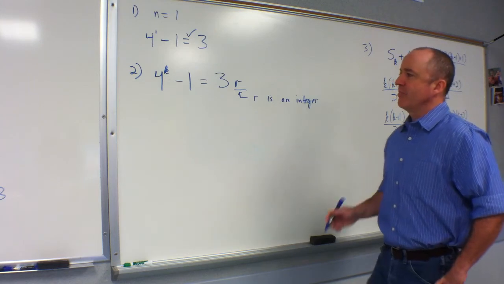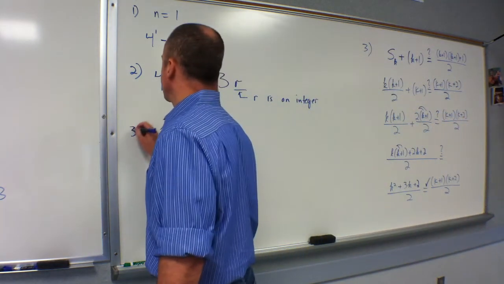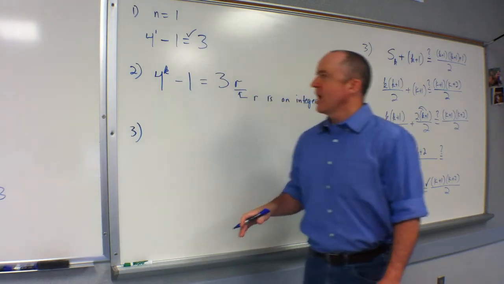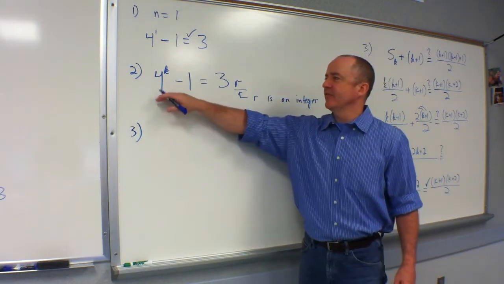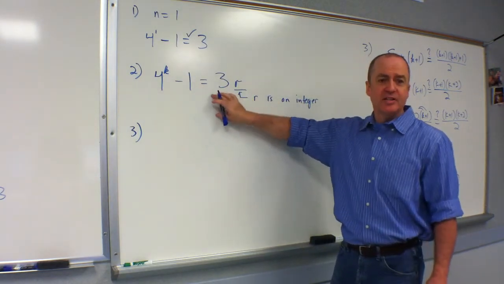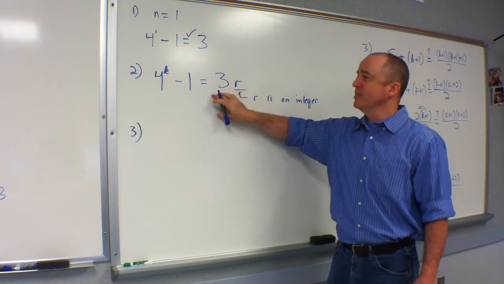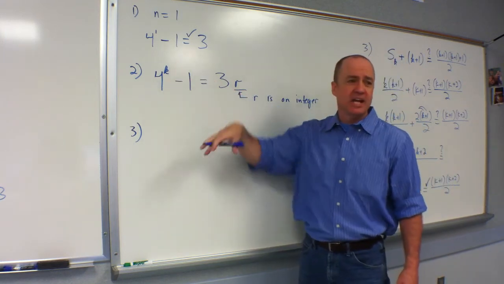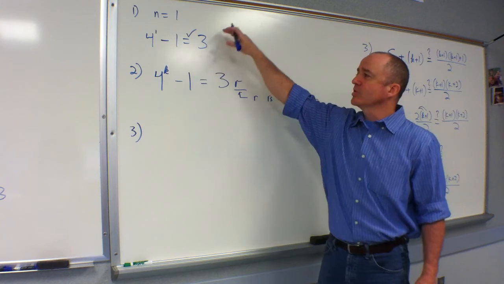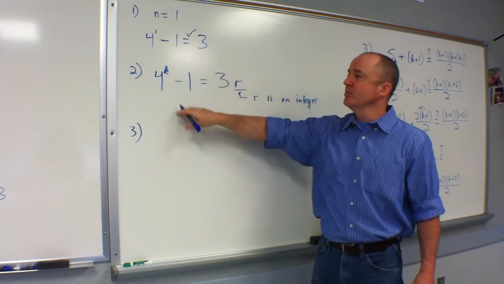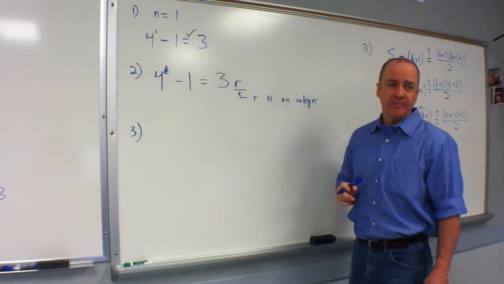Now, here's where this gets tricky. I have to demonstrate that if my assumption is true, it will remain true as I jump from k to k plus 1. I know it works for 1. I'm going to assume it works for any other integer I put there.